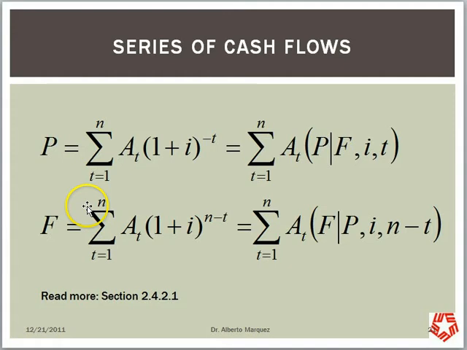That is, we would need to compute this several times for each one of these cash flows, and it would be time consuming. So what we would like to do is use a formula that relates these, including the summation. Fortunately, we have those formulas.